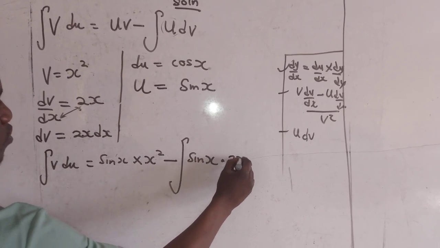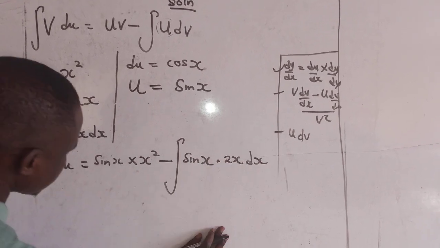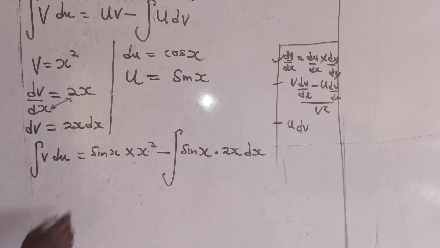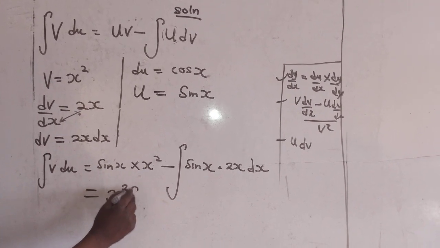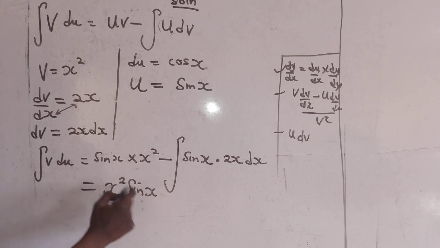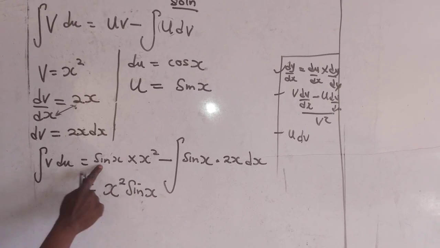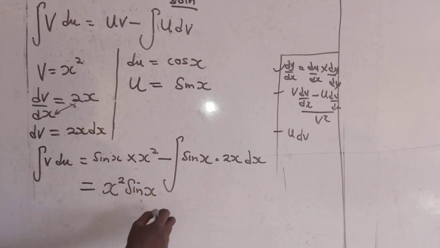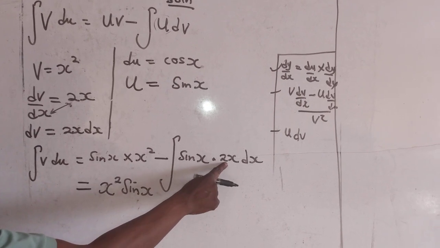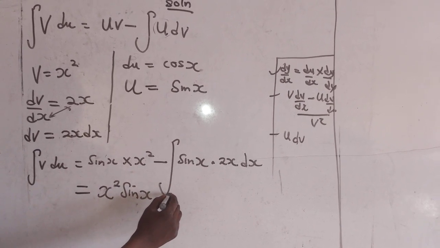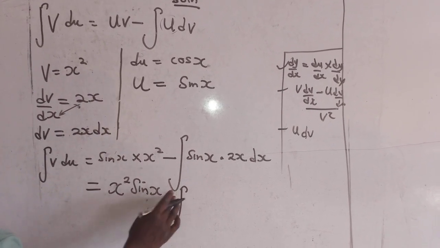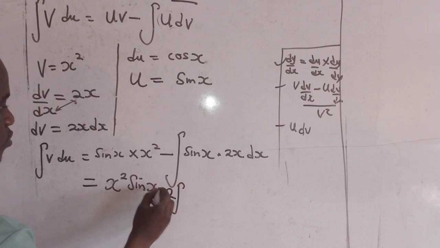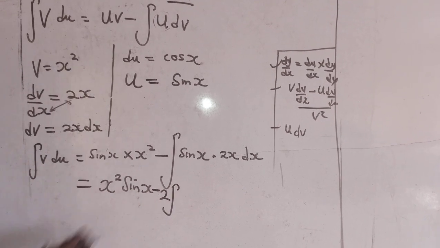We can now have x squared sine x, then minus the integral of, and this one will give me minus 2. Don't forget there is minus 2 here.